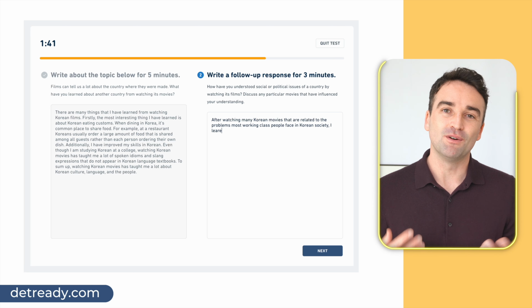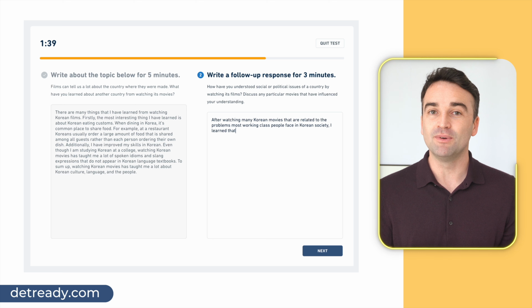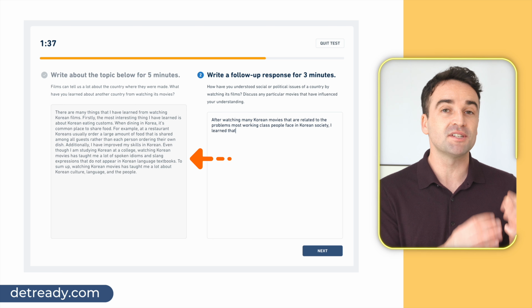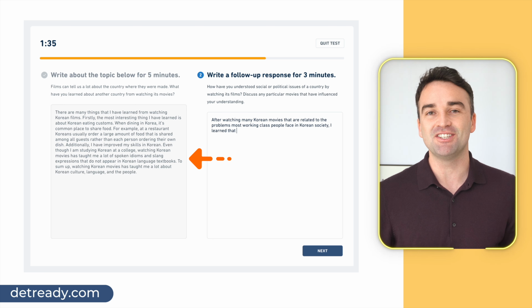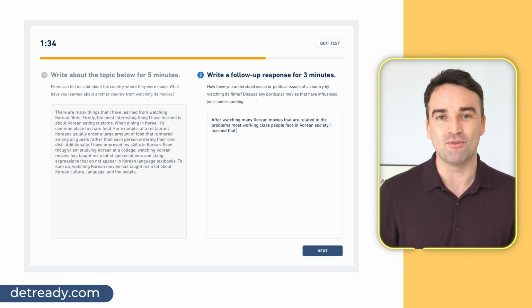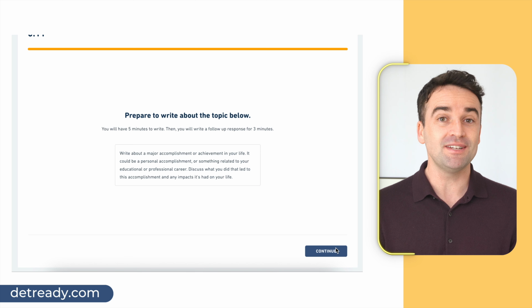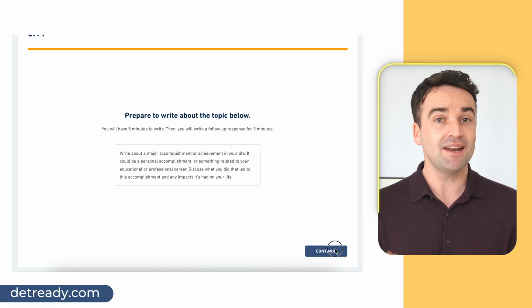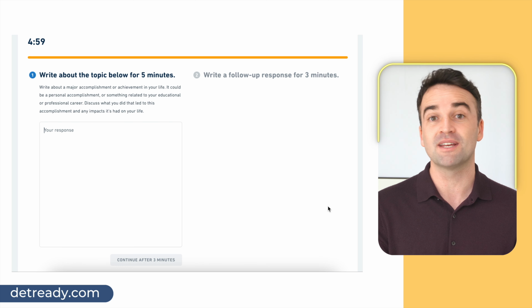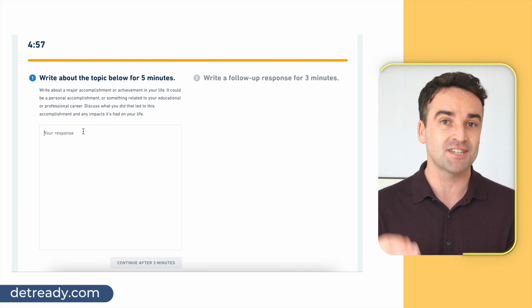And this is a great opportunity for you to showcase your English writing ability. When you're writing your follow-up prompt, you are able to see the original prompt and your first answer in case you need to jog your memory. So to give you a basic overview of the structure of this question type, you first can expect to see a 30-second planning screen. Then you'll be given your first prompt and 5 minutes to write your first answer.